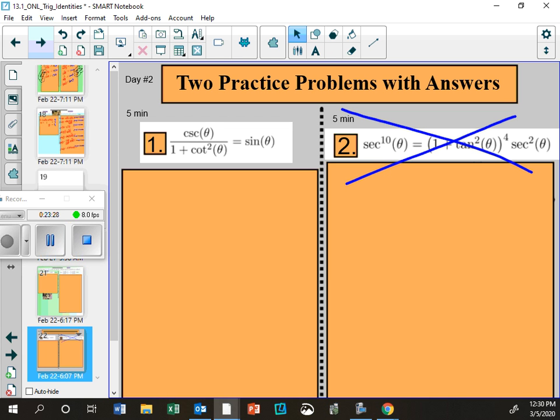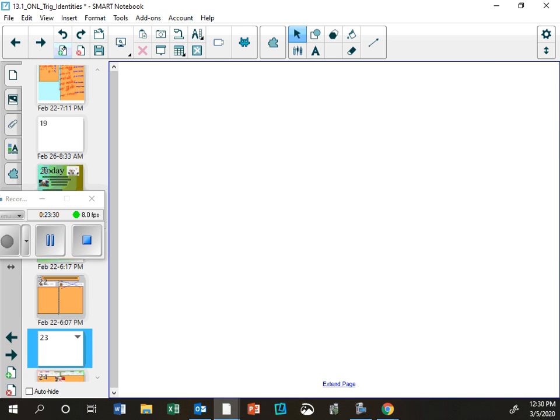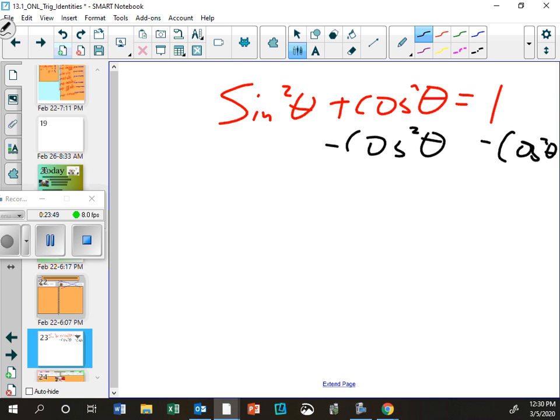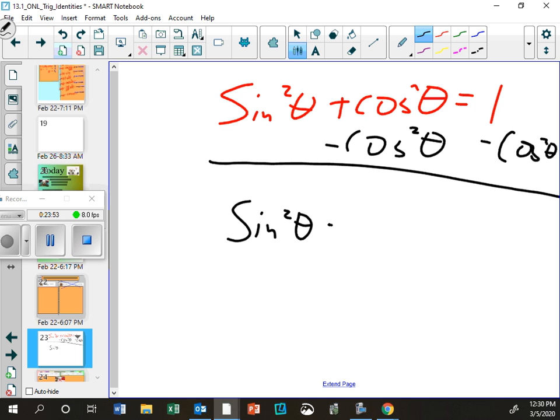Now, here's conjugates. First, you have to understand why you care. This one, sine squared plus cosine squared equals 1, is super fundamental. And if I subtract cosine or sine, either one, from both sides, I get a new identity that's also true: sine squared theta equals 1 minus cosine squared theta.